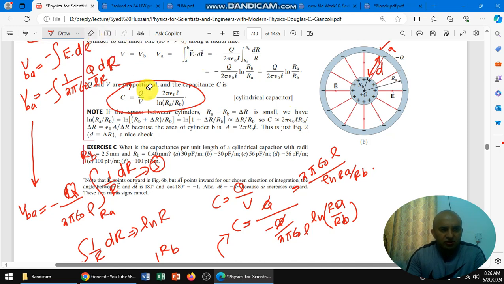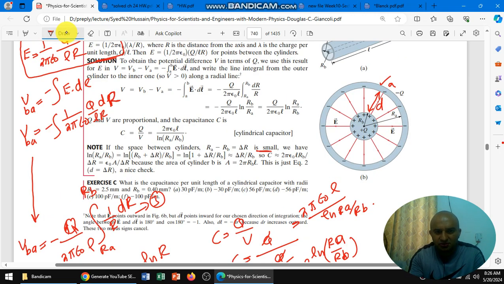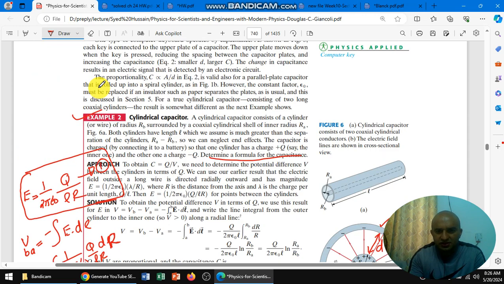Okay, now there is a special case. Note, if RA and RB are very close, what does it mean? It means that the space between the plates is very small. Let me explain this.